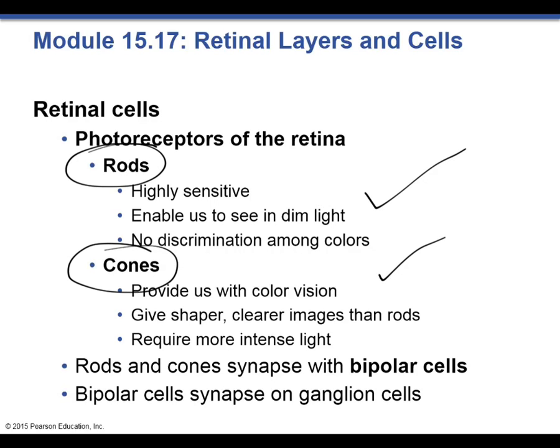Now, there's one thing interesting about these cells, the rods and the cones: they synapse with bipolar cells. This is really the only place where you have bipolar neurons. You know what that would look like? In lab, day one, you did a little neurology or a little histology review, and you looked at a couple of neurons under the microscope.